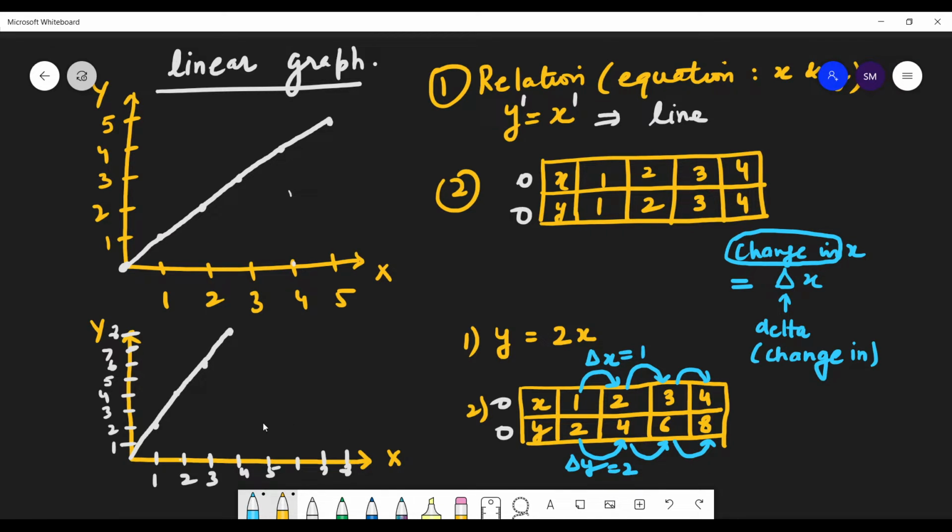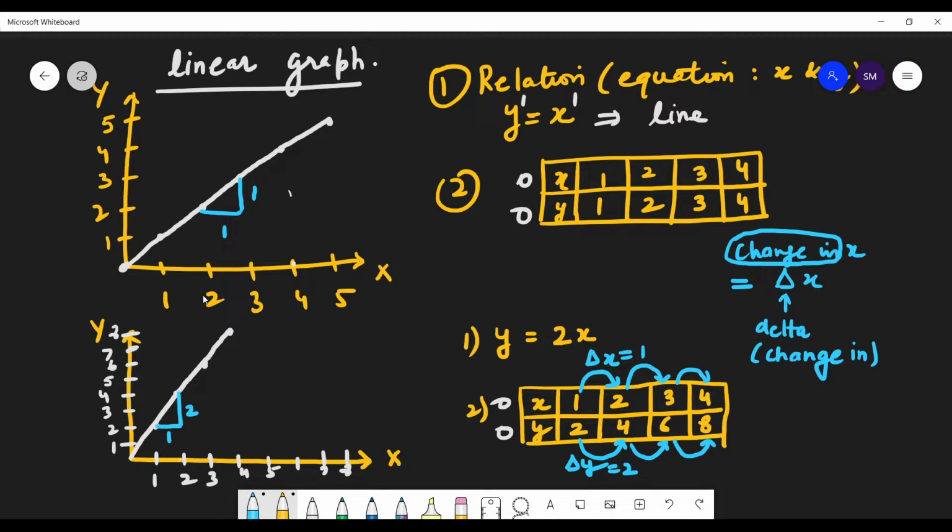See here. Change in x is 1, but change in y is 2. Is this clear? Yes, sir. Here, change in x was 1 and change in y was 1.